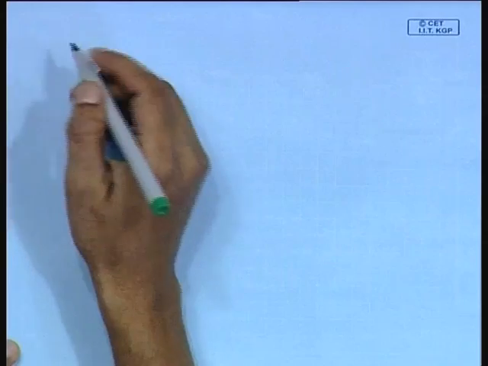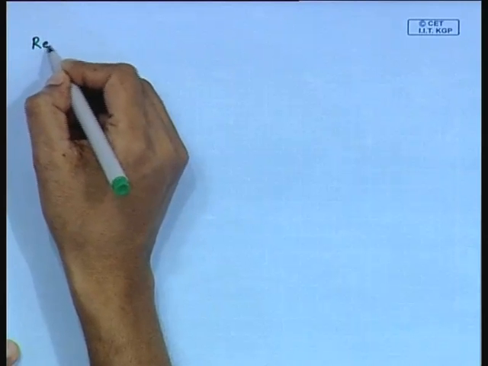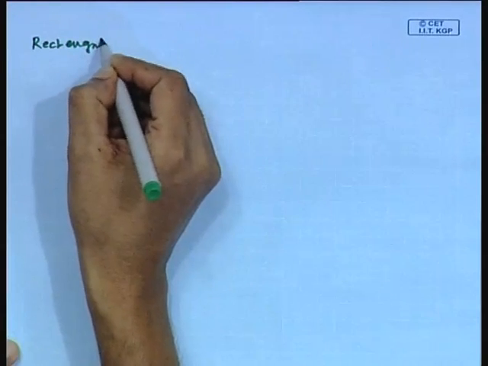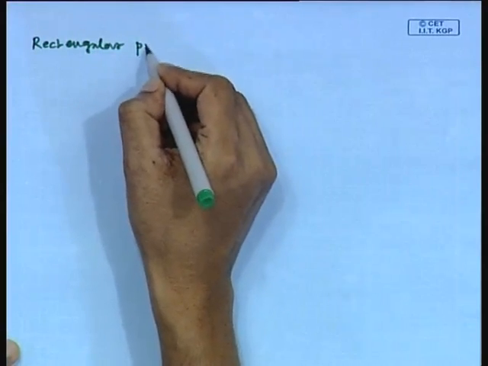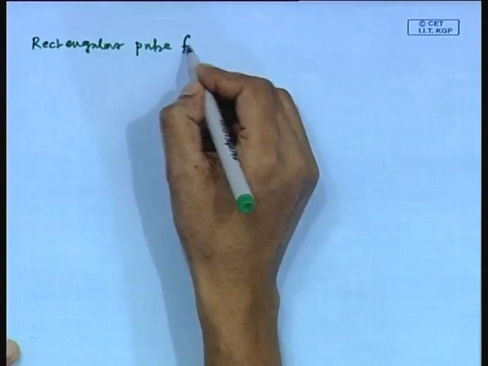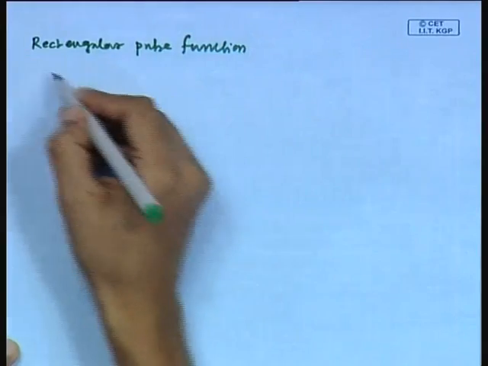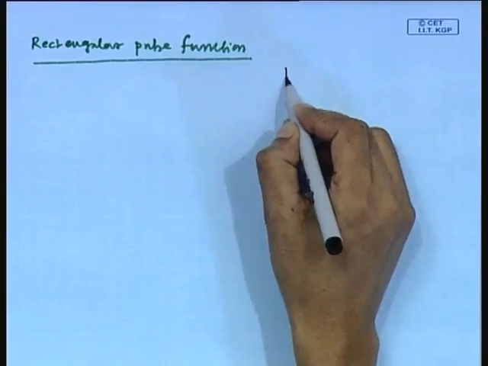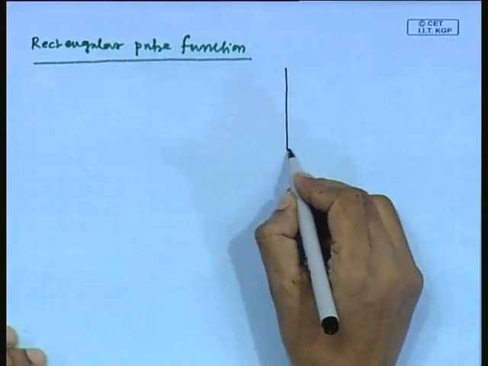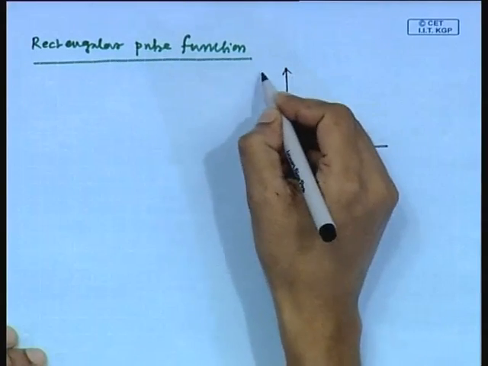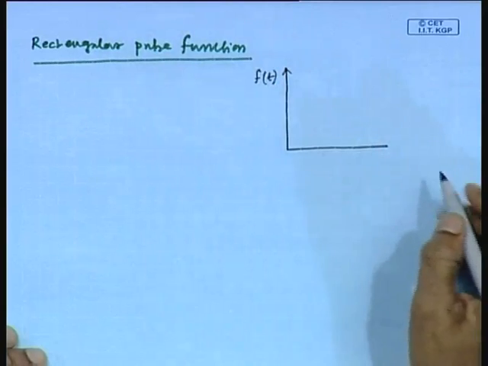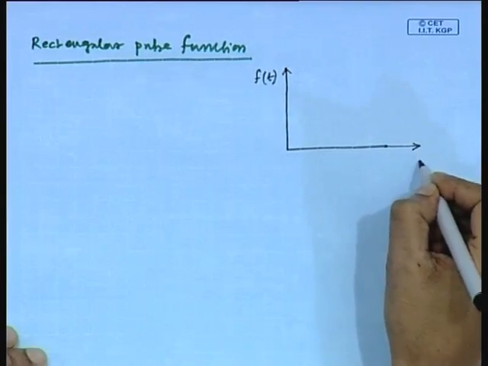Second forcing function is rectangular pulse function. First we will draw the figure of this rectangular pulse function. So, this is f t and this is time t.